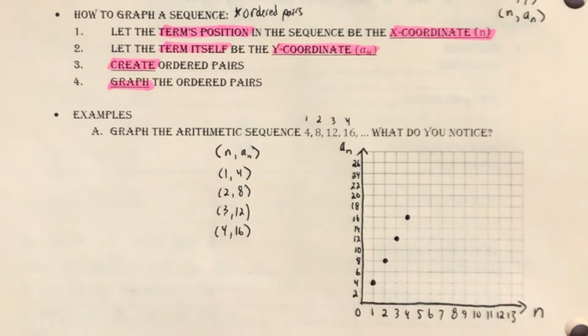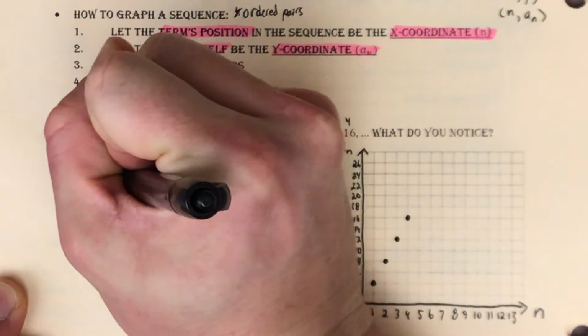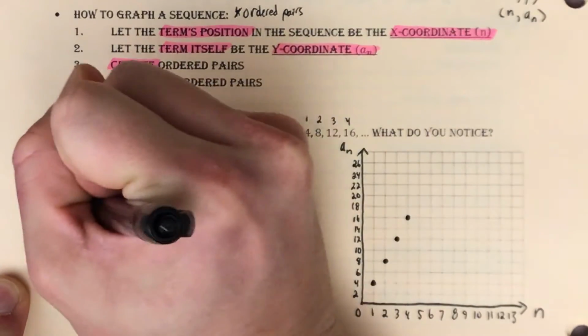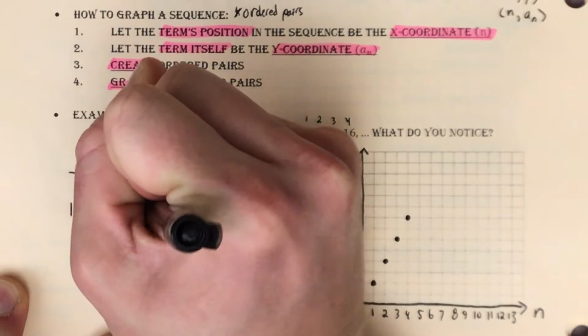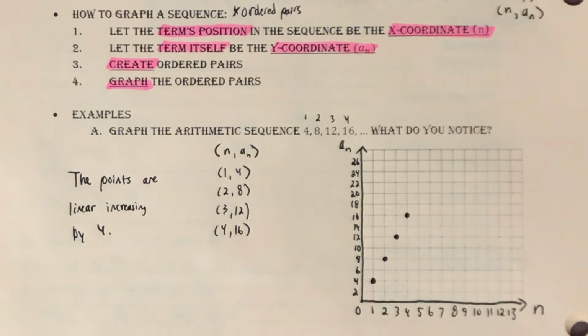So we're not going to draw a line through it, but we might say that we noticed that the points are linear, increasing by 4. And that's what I would say I noticed.